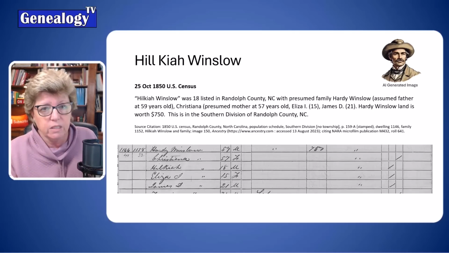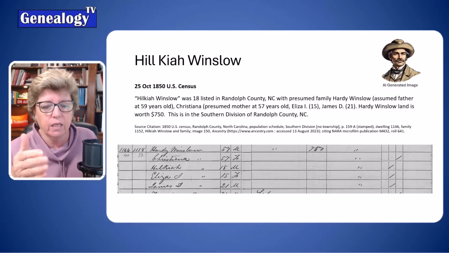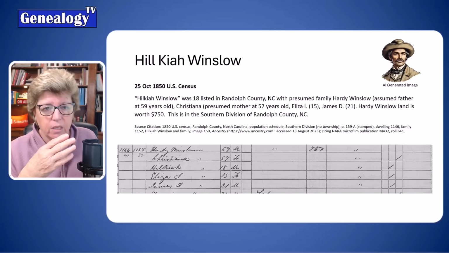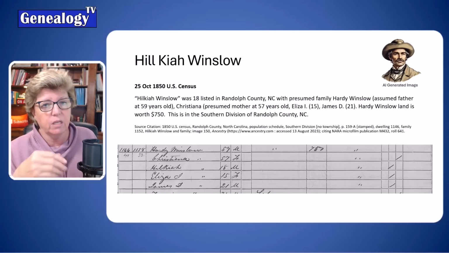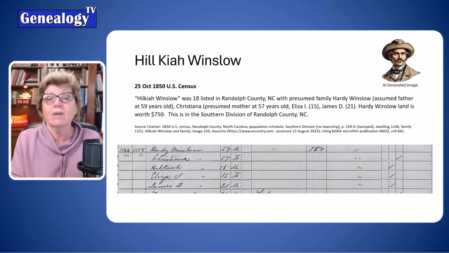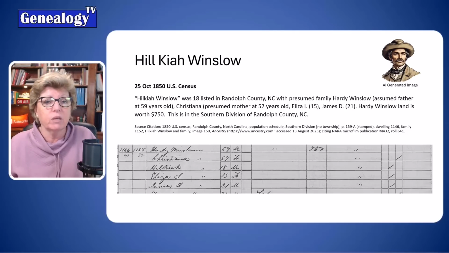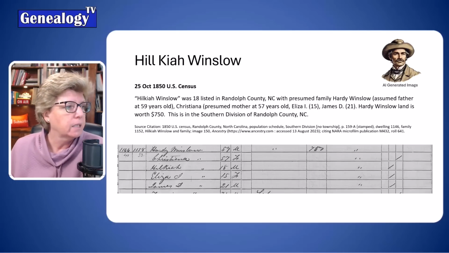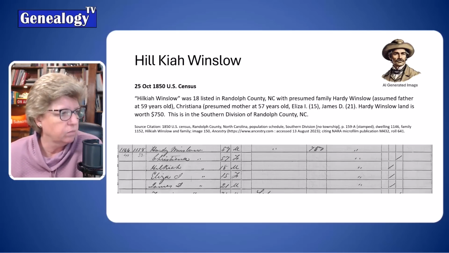Spoiler alert, a lot of his records are H.K. Winslow, which gives me the impression that Hill and Kiah are two different names, a first name and a middle name. And in some records, he's actually referred to as Hill. So he probably went by Hill. But in this case, it was Hill Kiah Winslow.